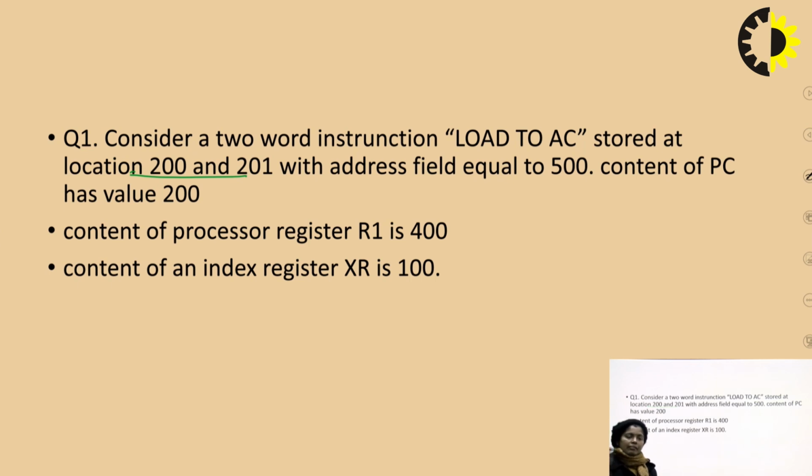If it were a 1-word instruction, there would be only 1 memory location. And the instruction is load to AC, and the instruction address is 500. The content of the PC has the value 200, the content of the processor register is 400, and the content of XR is 100. This is the question.